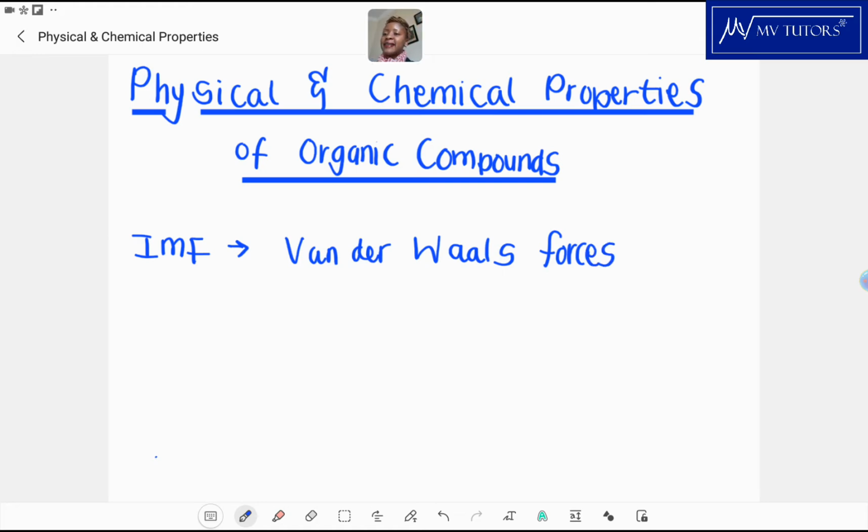Okay, and the two types that we'll be looking at specifically are the hydrogen bonds, which by the way are quite strong. And then we're also going to have a look at induced dipole forces.